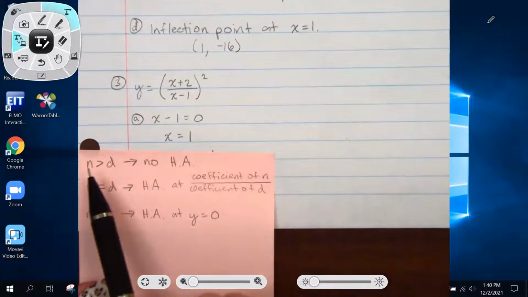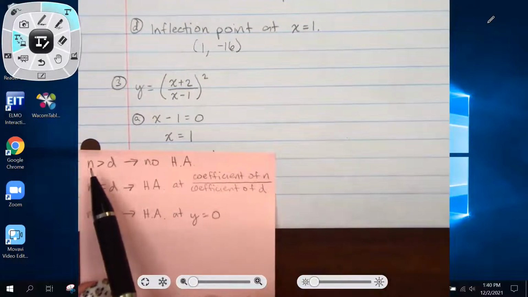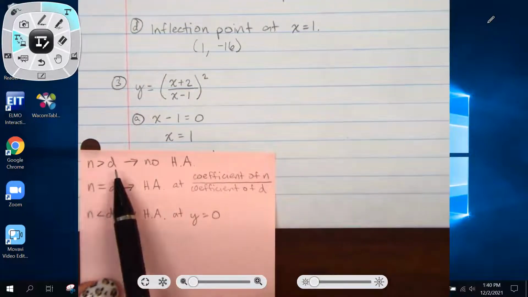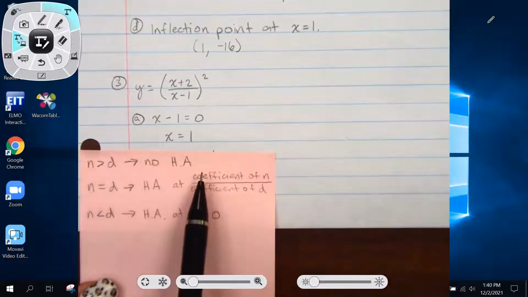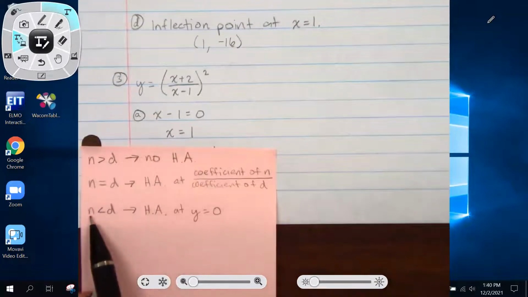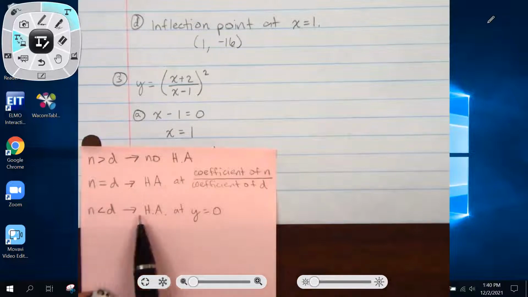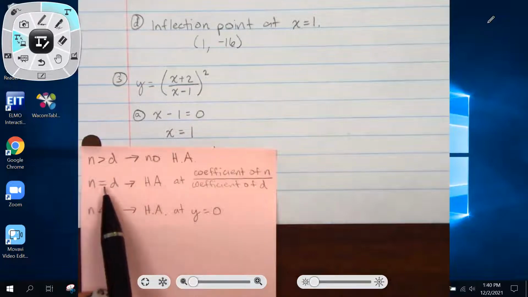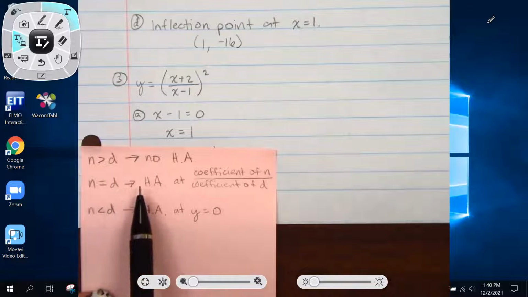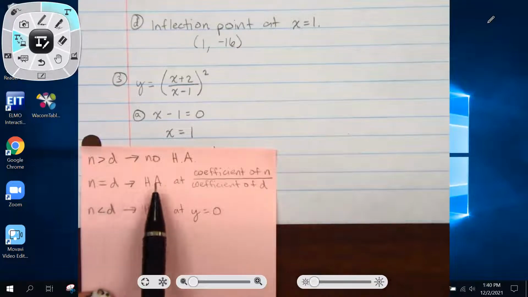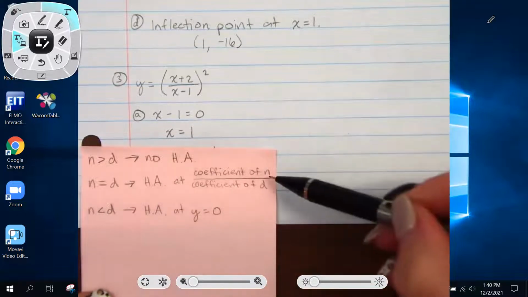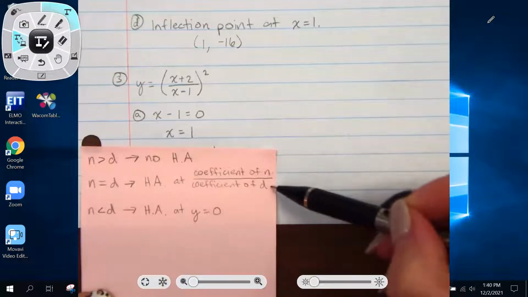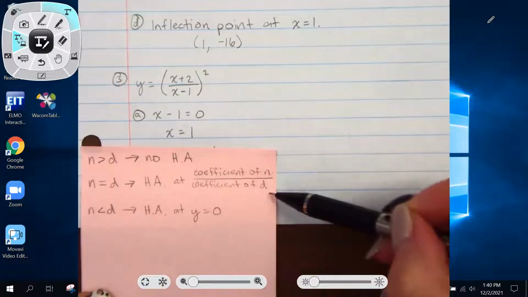Here's my sticky note of when you're comparing the degrees: if the degree of the numerator is greater than the degree of the denominator, there is no horizontal asymptote. If the degree of the numerator is less than the degree of the denominator, there's a horizontal asymptote at y equals 0. If the degree of the numerator equals the degree of the denominator, which is what we have here, you have a horizontal asymptote at the fraction of the leading coefficients.